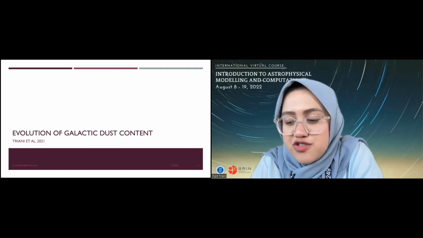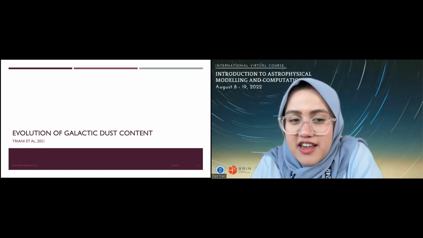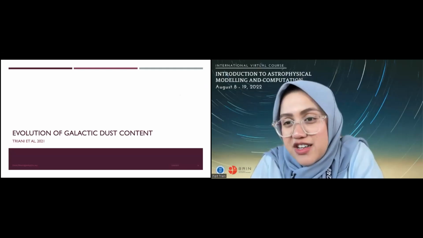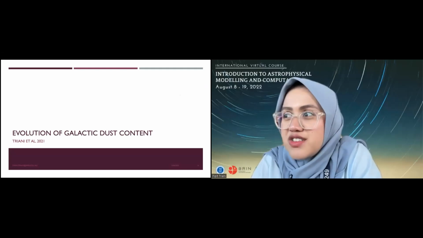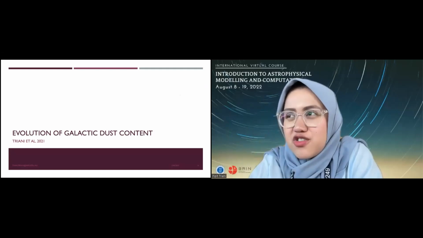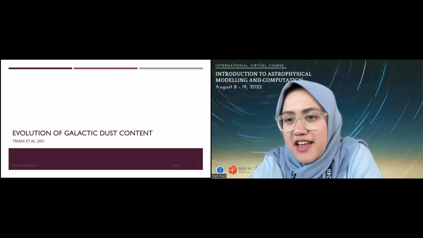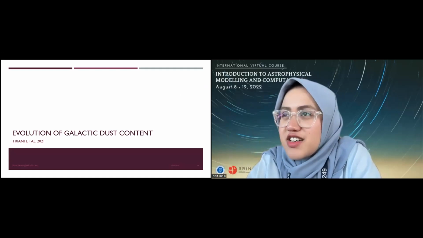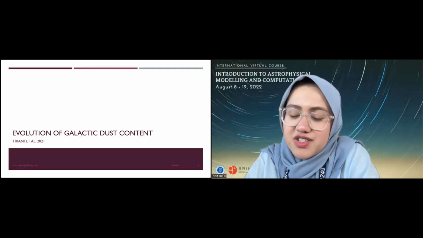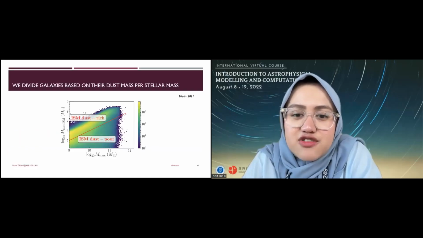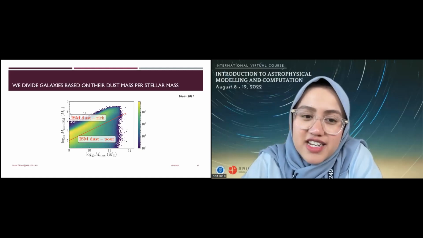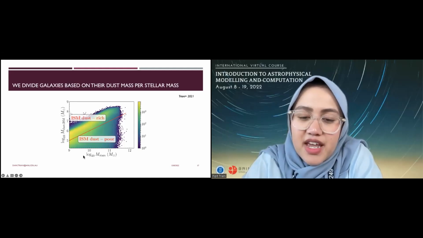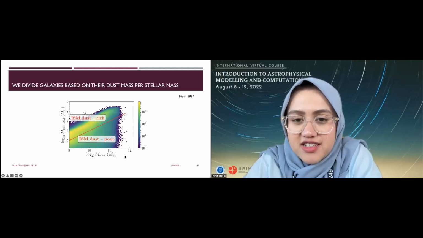Then I also want to see how the galactic dust content evolves with the morphology. For example, how is the dust content different in spiral and elliptical galaxies, and how does that tie to the star formation and metallicity. This is showing the total dust mass in the interstellar medium and the total stellar mass of the galaxies.